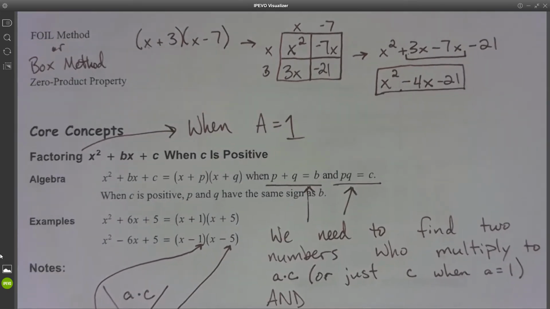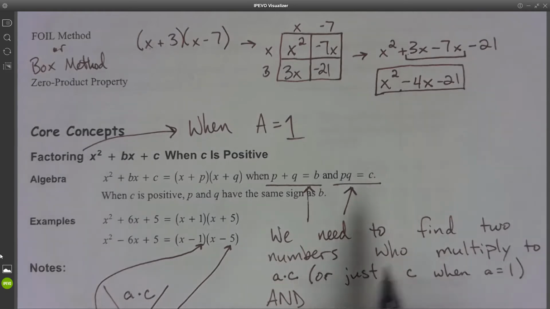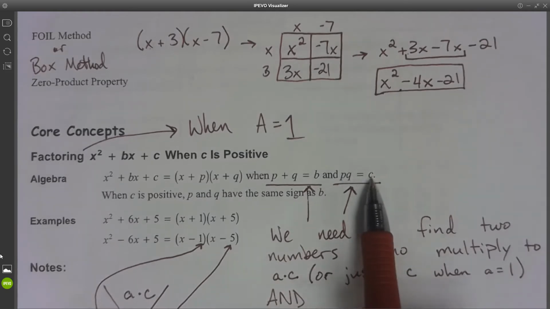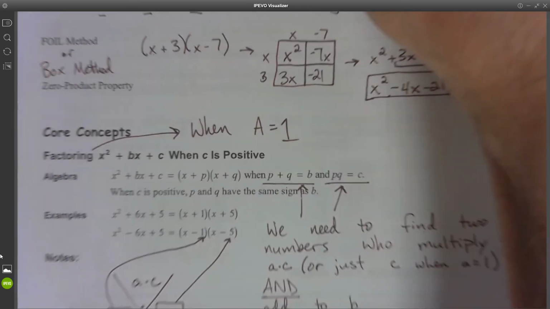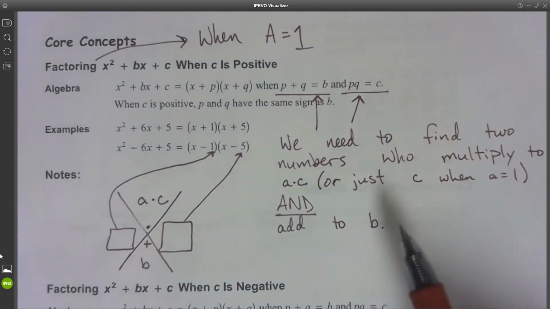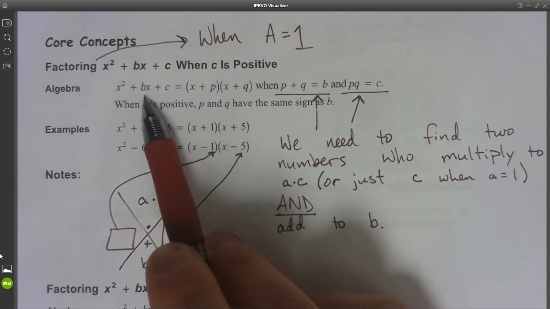So we need to find two numbers who multiply to c. Well, a times c normally, but in this case, a is going to be 1, and who also add to b, to that middle term.